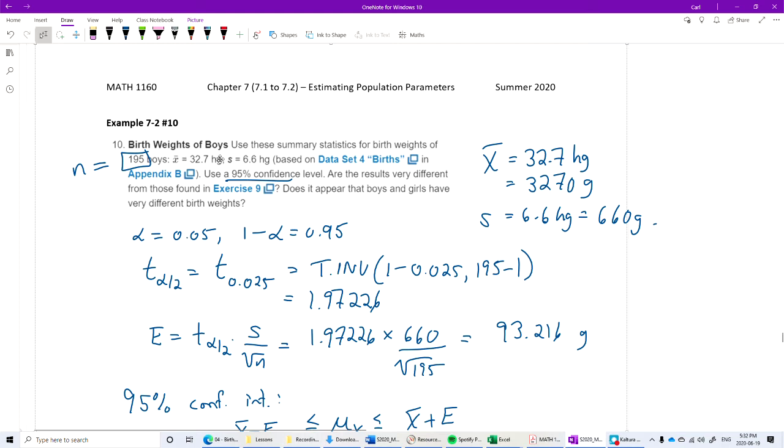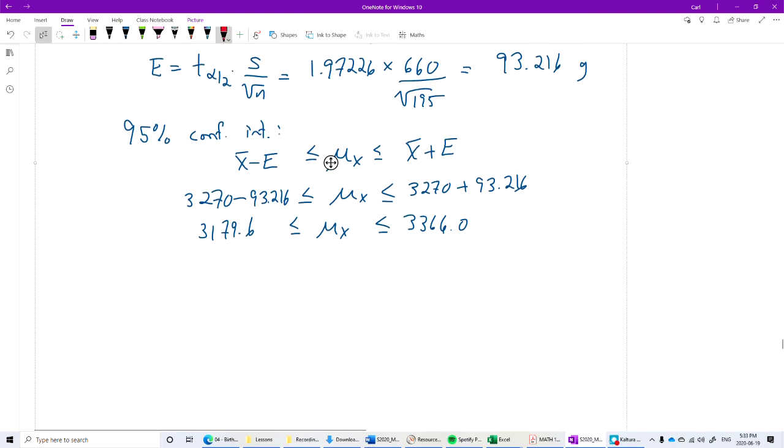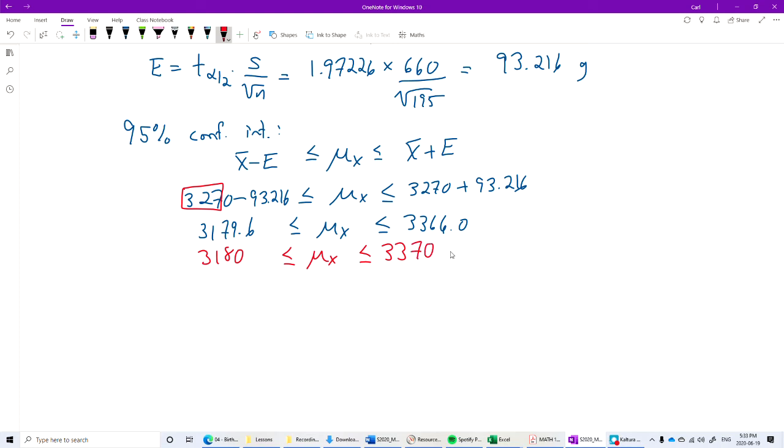This one has 3, this one has 2, but I'll show you and then I'll tell you. I take that back, just keep the first 3 digits. So it becomes 318, 337 grams. Okay, so that's our confidence interval for the boys.